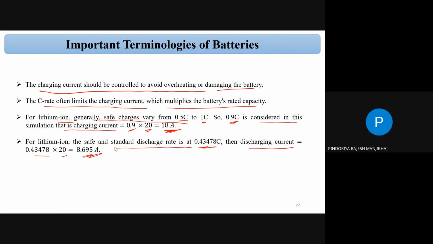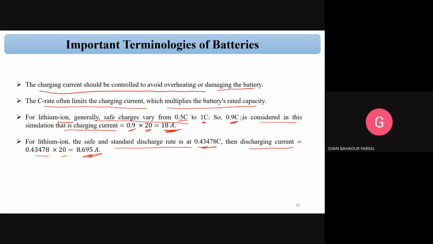That depends on the C rate of the battery. First we have to understand the C rate and the rating of the battery, maybe 20 ampere-hours, maybe 40 ampere-hours. Then we can easily find out how much current we have to supply from the charger to charge our battery.